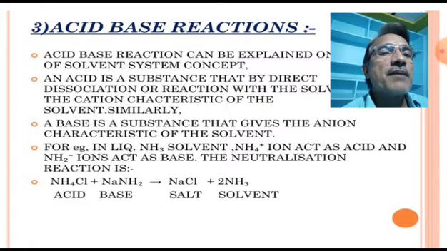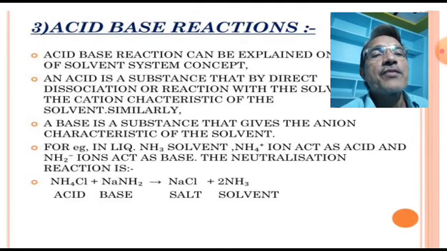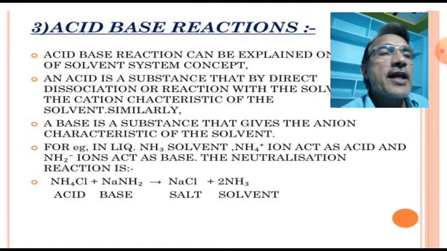For example, in liquid ammonia solvent, NH4+ ion acts as acid and NH2- ions act as base. The neutralization reaction is NH4Cl plus NaNH2 gives rise to NaCl plus 2NH3. In this reaction, NH4Cl is called acid. Why?